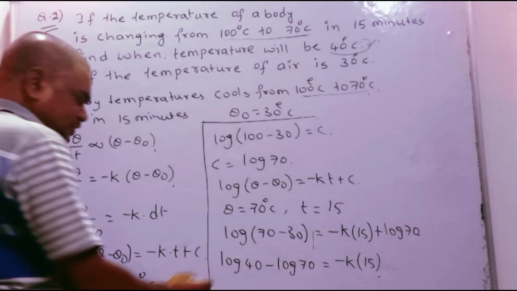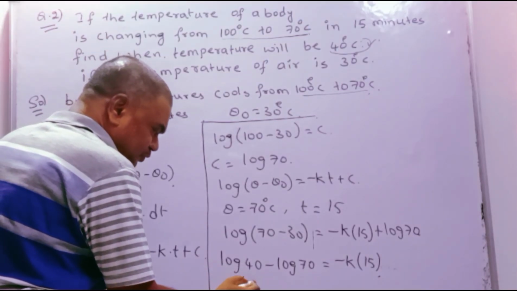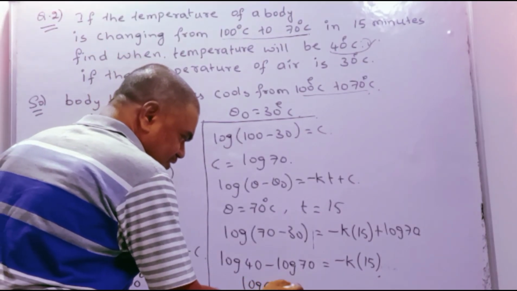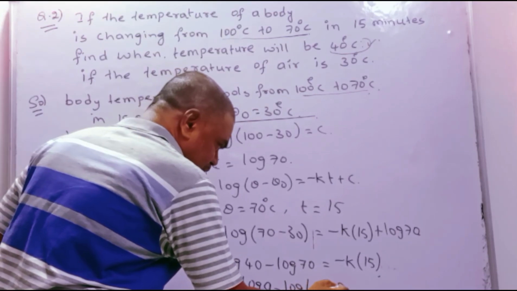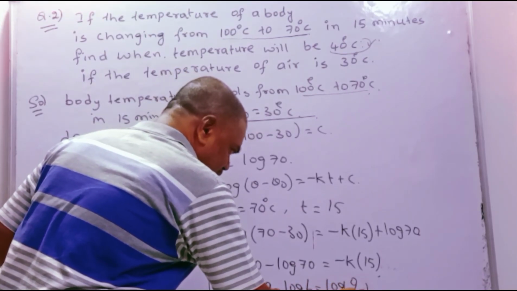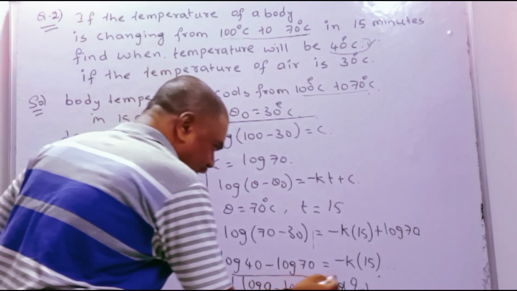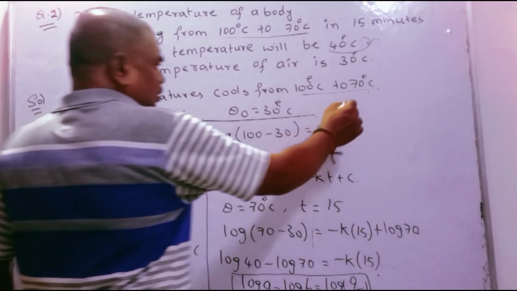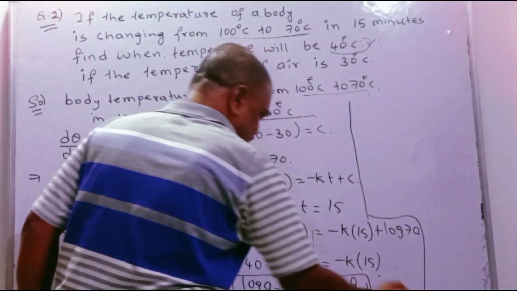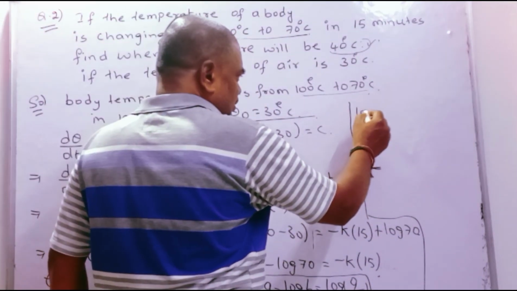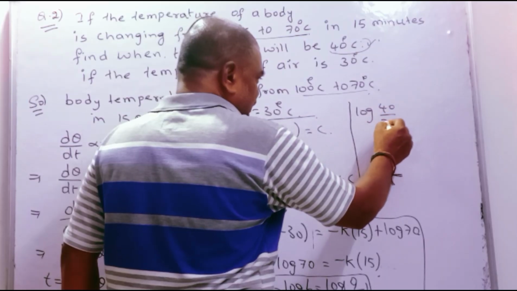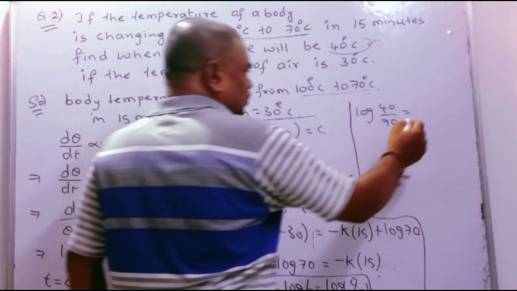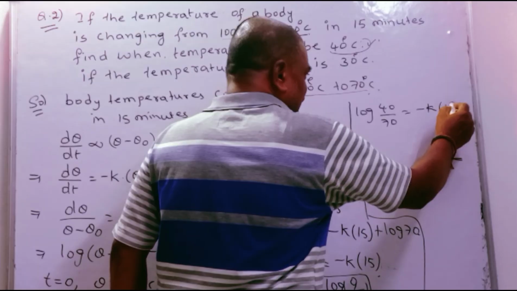This can be written using the logarithm rule, log A minus log B equals log A by B. So log of 40 by 70 equals minus k into 15.